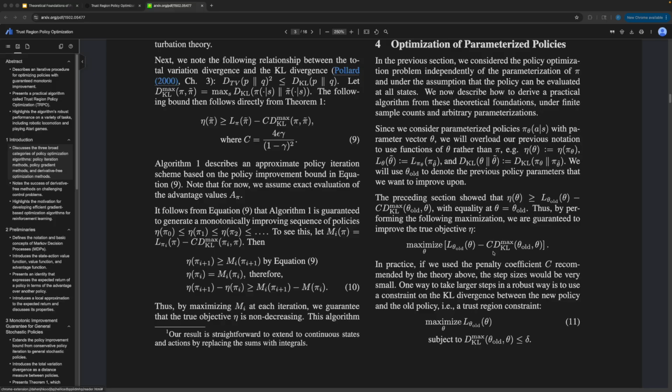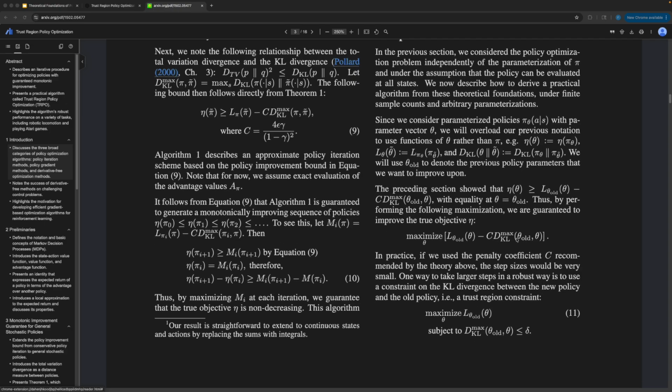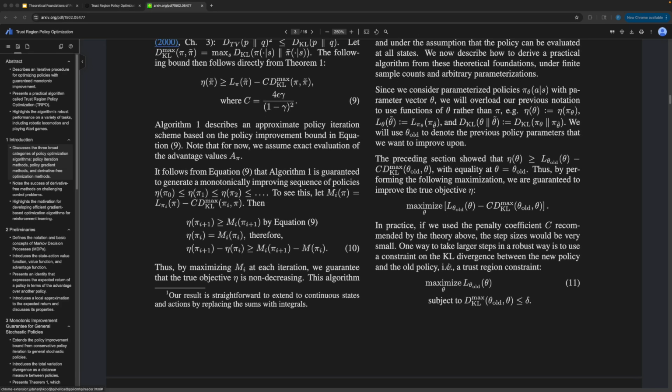If you take the steps defined by this penalty coefficient, the step sizes would be really small, and we want to take step sizes which are bigger but still robust, that is, which ensure that the policy does not change a lot. So this can be approximated by another constrained optimization problem.